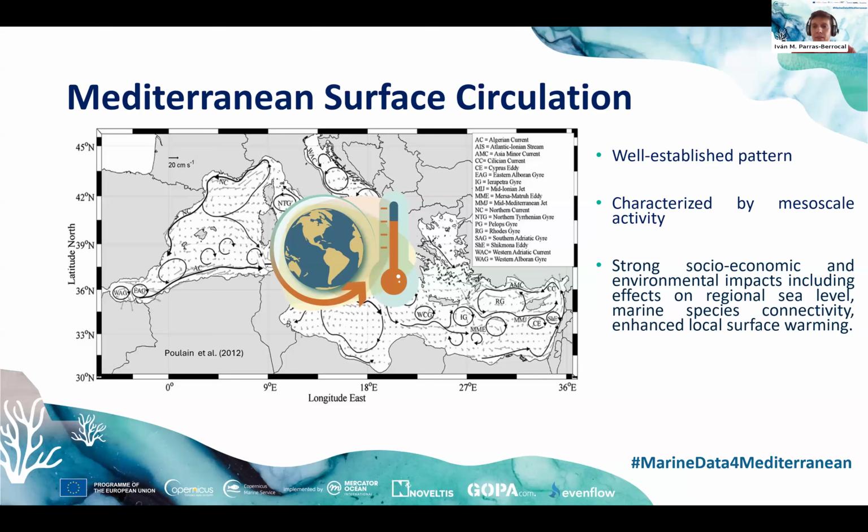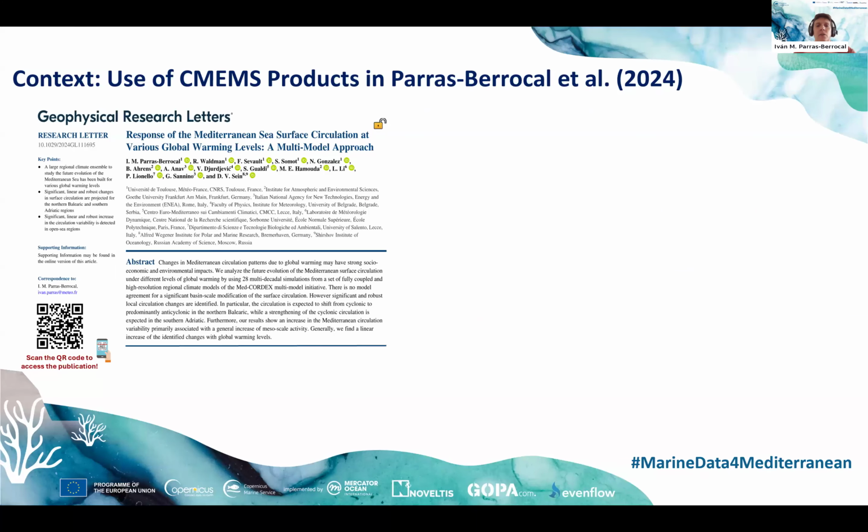This impact may introduce effects on regional sea level, marine species connectivity, and can also lead to enhanced local surface warming. Despite its importance in modulating the climate, the Mediterranean surface circulation has not been deeply assessed for the future.